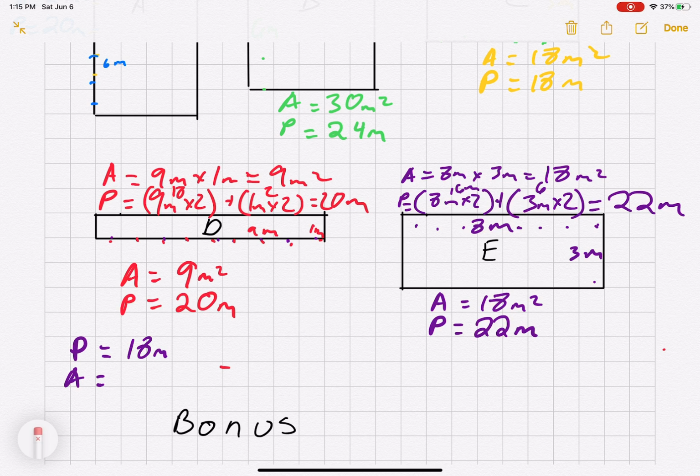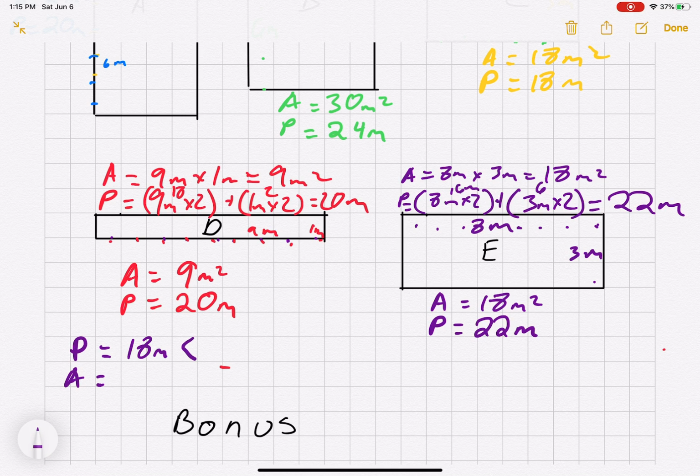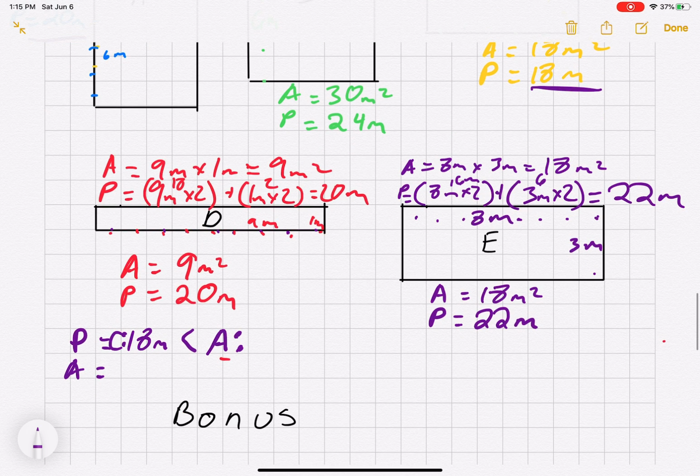And we're going from the least to the greatest. So that is C. Then I have A, which is 20 meters.